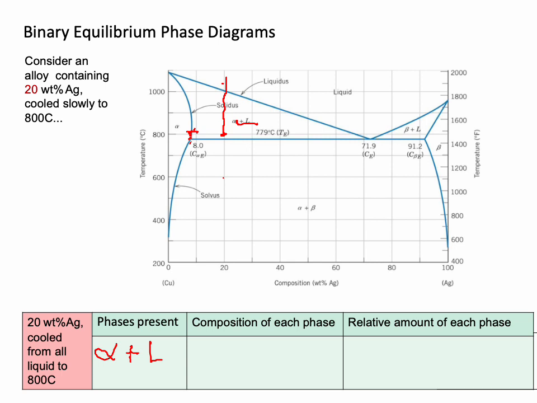So we'll say that the alpha is 8 weight percent silver, and the liquid we read across to right there, which sits, so that's 60, that's 70, I'm going to call it 66.